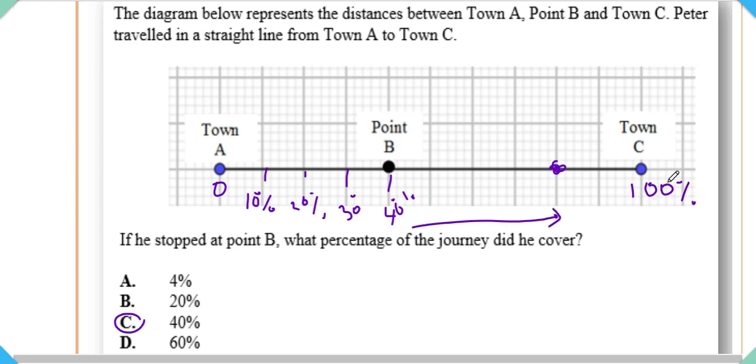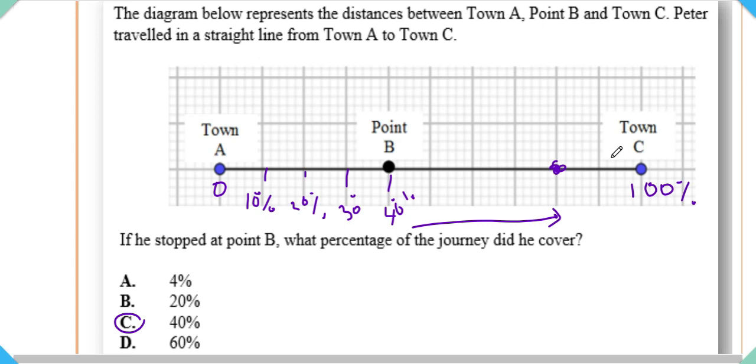Now, what if this diagram did not have the grid lines already divided up into 10 equal parts? What could we do? How could we figure this thing out? We do the same thing, guys. We divide the line into 10 equal parts. We do our best to make it as equal as possible, and then we will know that each point would be 10%, and we're counting up, so we're increasing by 10 each time. And then we will be able to see where the different points fall on our line.